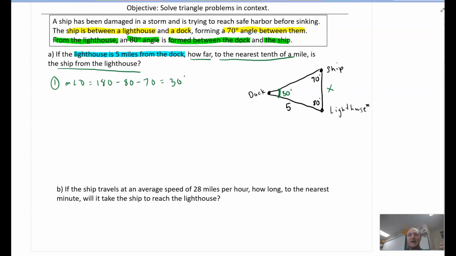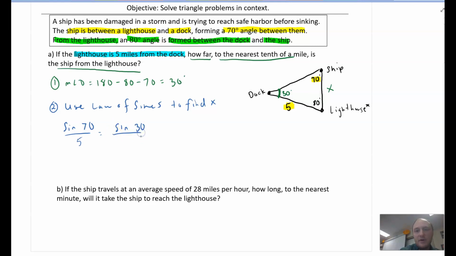So how does that help us? I want you to see, don't I have this angle and a corresponding side? So step 2, I can use the law of sines to find x. That means sine 70 over 5 is equal to sine of 30 over x.